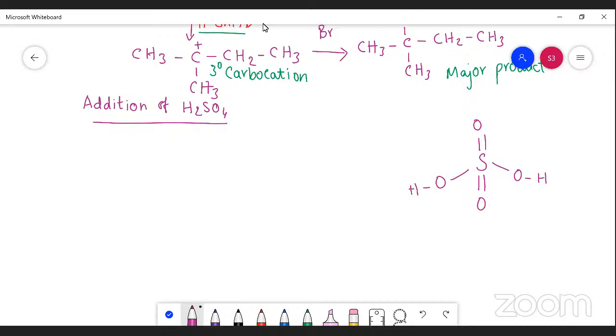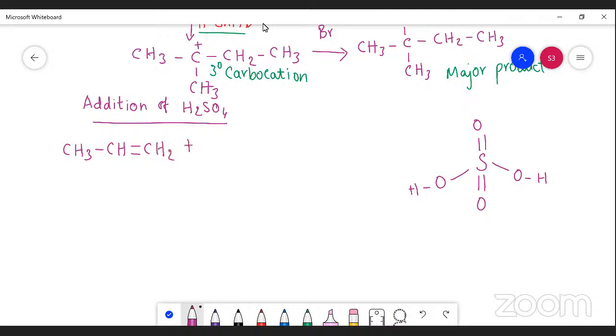Now, when propylene is treated with sulfuric acid, what is the product? Listen, we are taking propylene, that is CH3-CH=CH2. Then it is an unsymmetrical alkene.